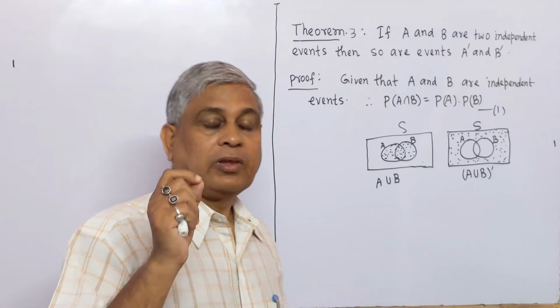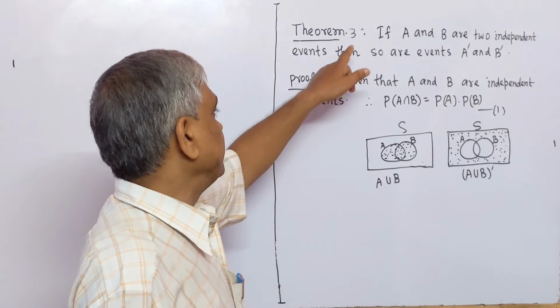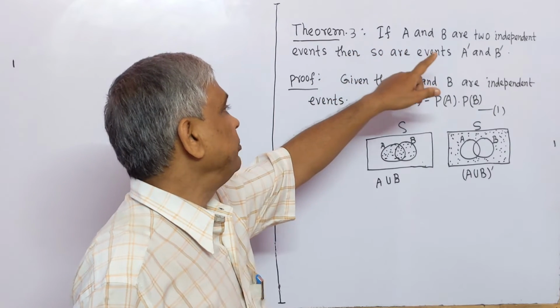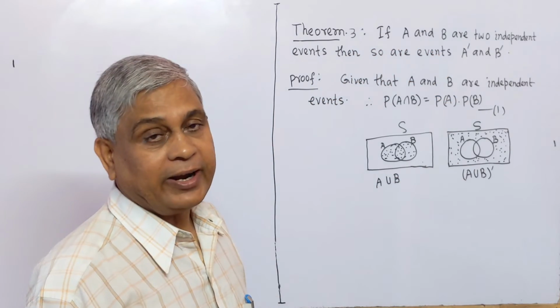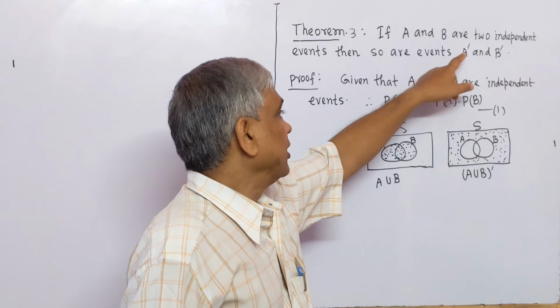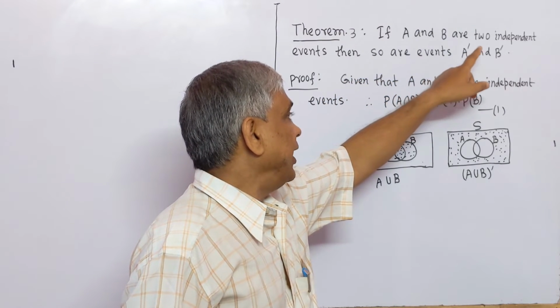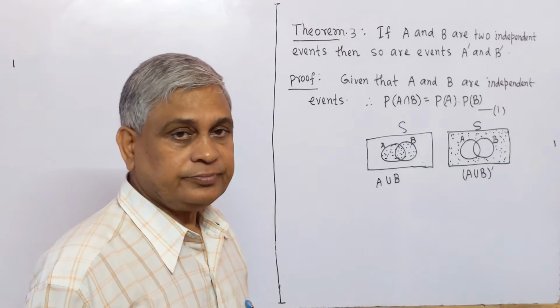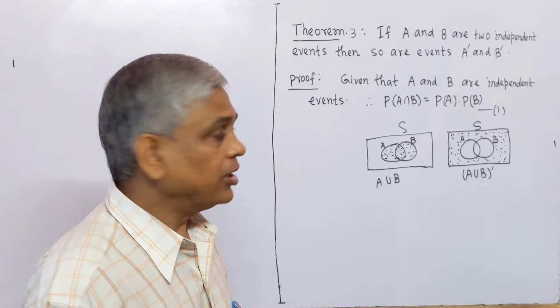Proved. Now we prove the next theorem. If A and B are two independent events, then so are events complement of A and complement of B. Now we prove this.